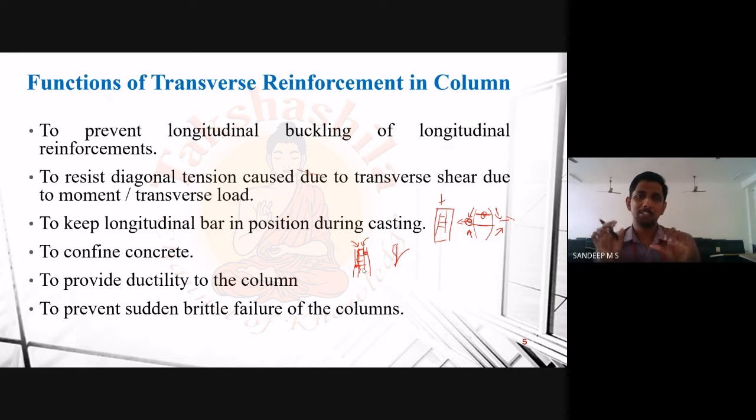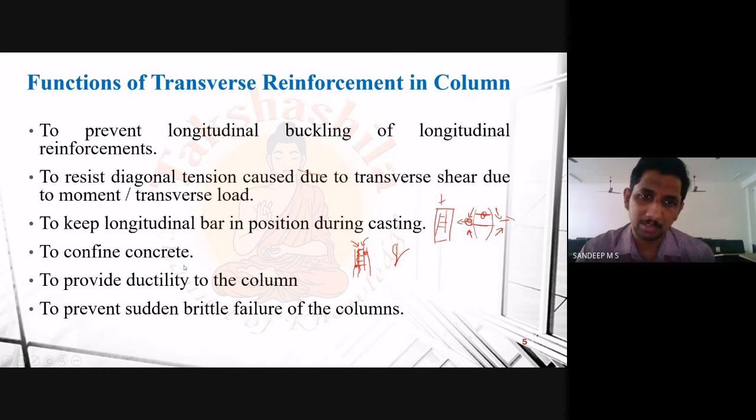Spacers are normally called spacer blocks. We normally provide spacer blocks in the case of beams, slabs, as well as for all RCC casting, because we need to ensure that sufficient cover is there after the casting. So to keep longitudinal bars in position during casting also, we will be in need of these ties.